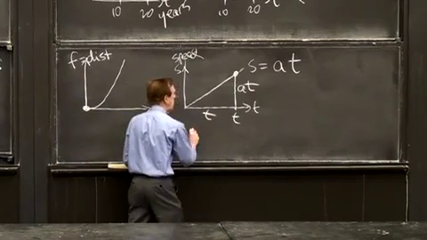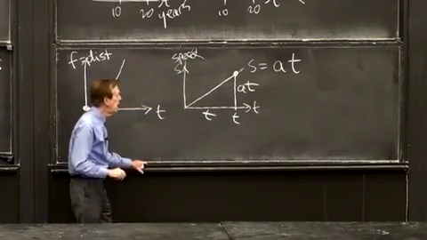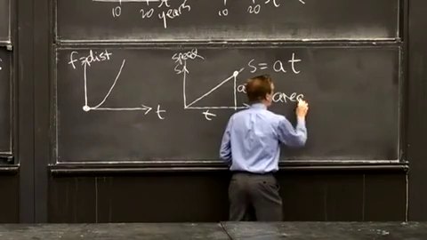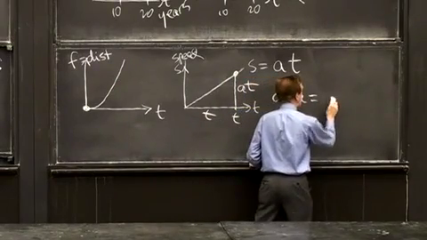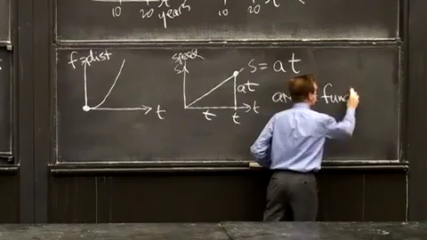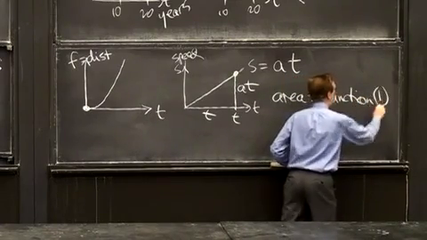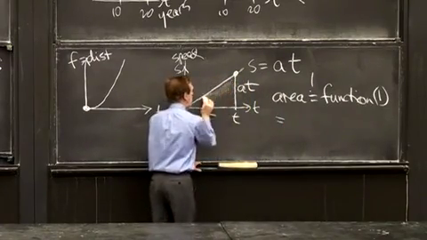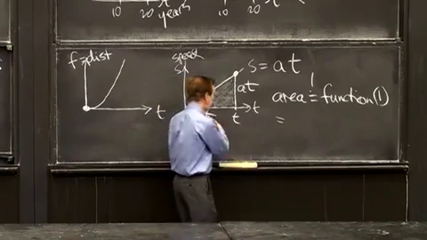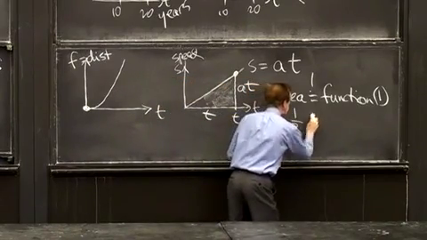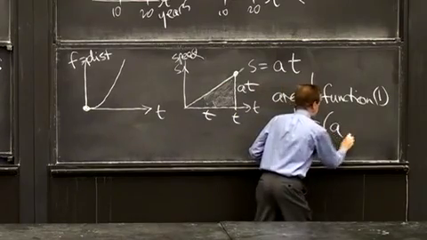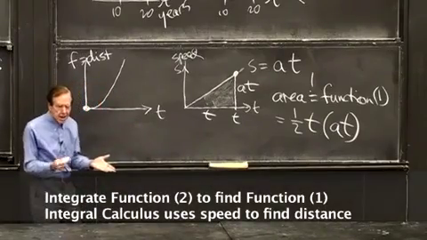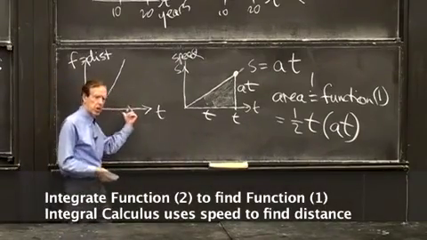It has a base of t, it has a height of at, and the area of a triangle is 1/2 of the base times the height. My point is that the area is function 1, amazing. That's just terrific. Calculus will tell us that's function 1.